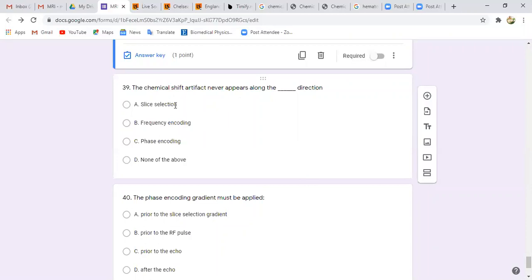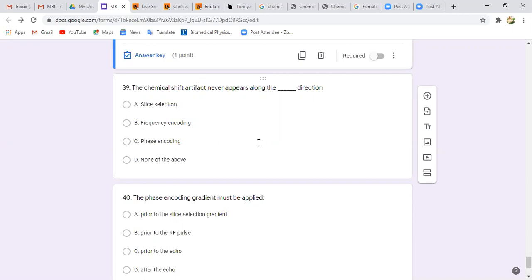But when we use echo planar imaging, EPI, it can actually occur along the phase encoding direction. For most applications in MRI, it occurs along the frequency encoding direction, and doesn't appear along the phase encoding, except at times during EPI.